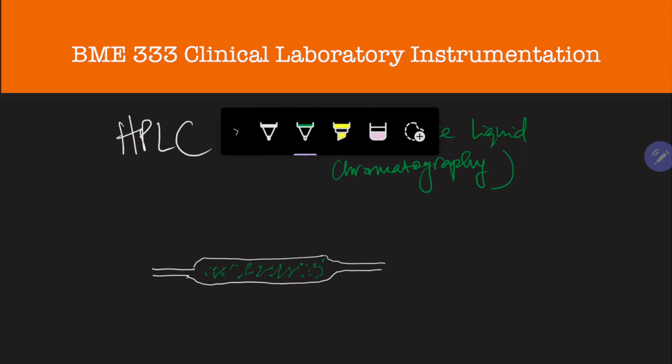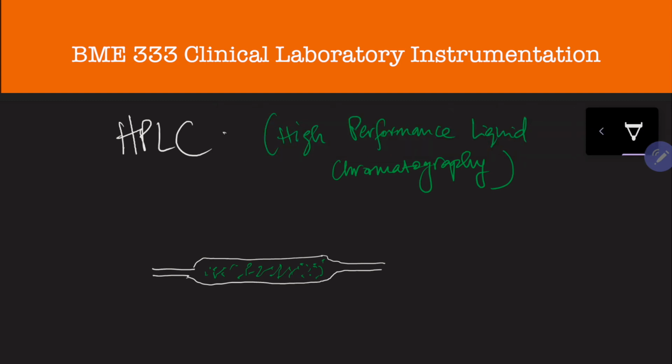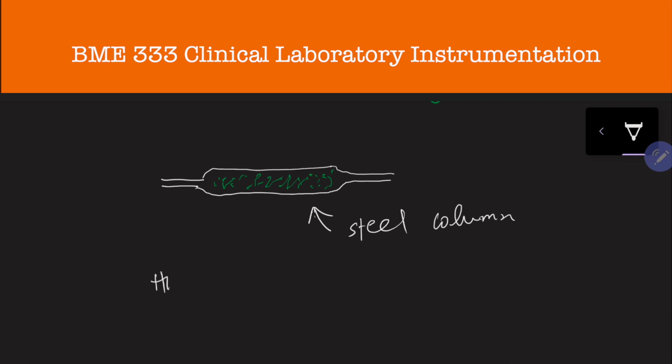The question here is, why are we using a high pressure in the first place? To what advantage, basically? Since the stationary phase is so densely packed in the container, it's a bit of an issue with the gas chromatography as well.